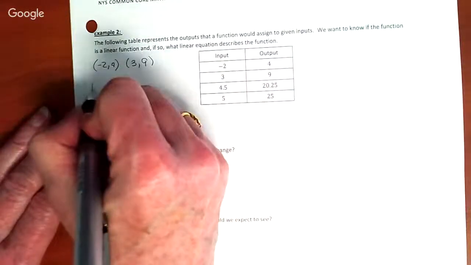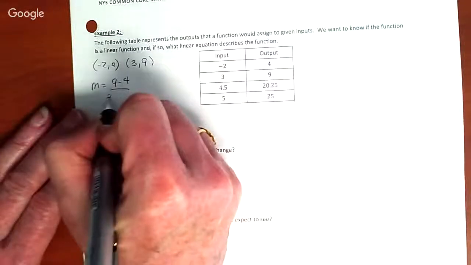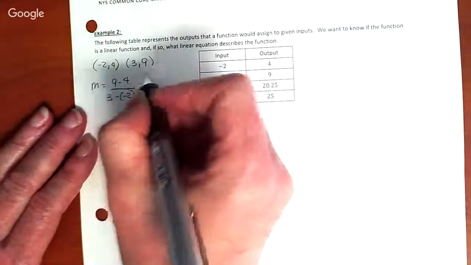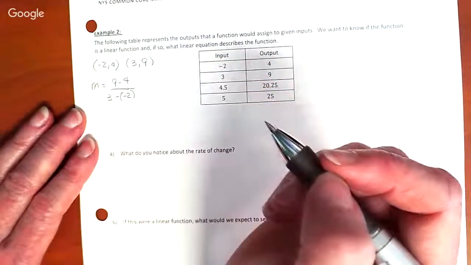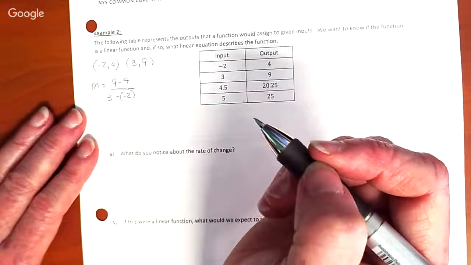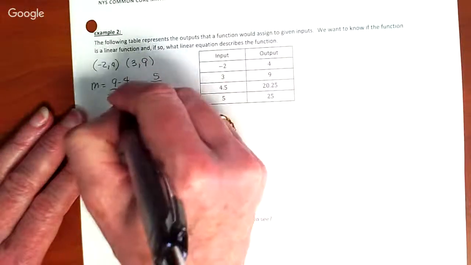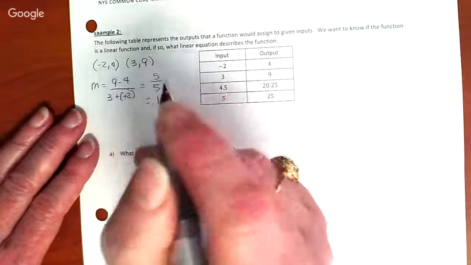So we had 9 minus 4 over 3 minus negative 2, which is 5 over 5. Well, that equals 1.